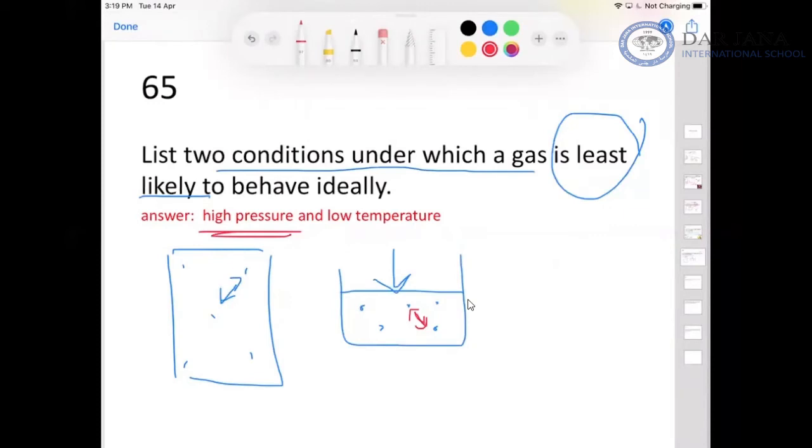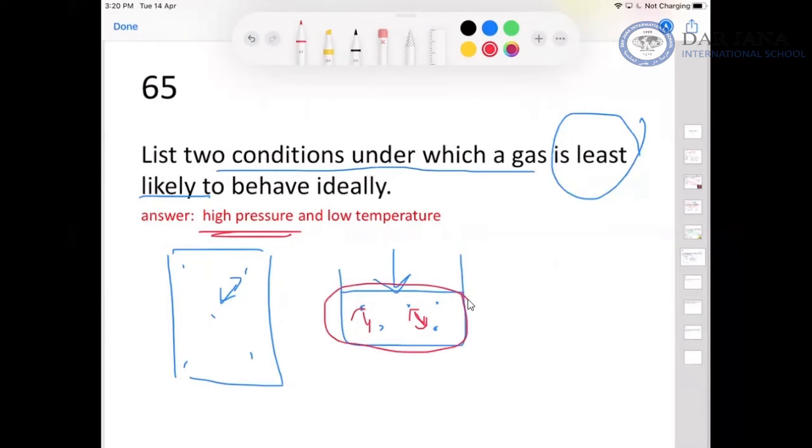Under high pressure, the attraction among the particles is going to increase. So since I have an attraction here, it is less ideal or more real.